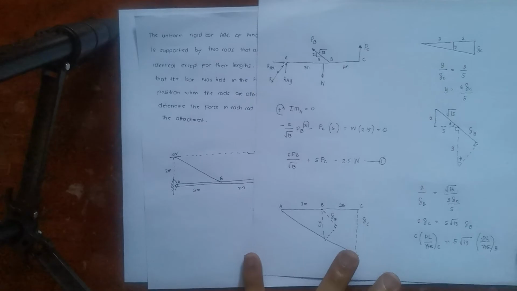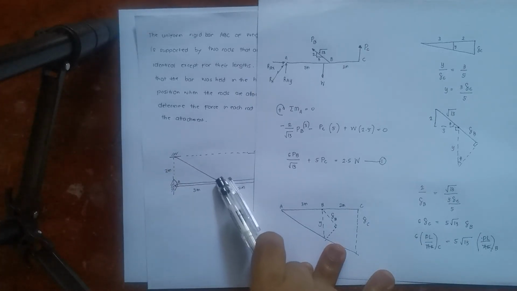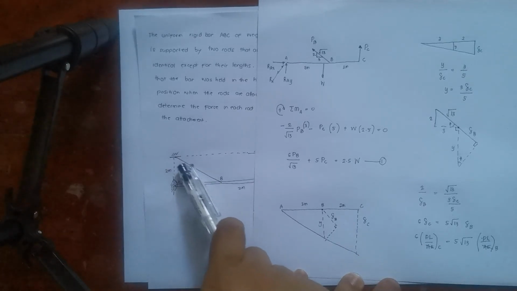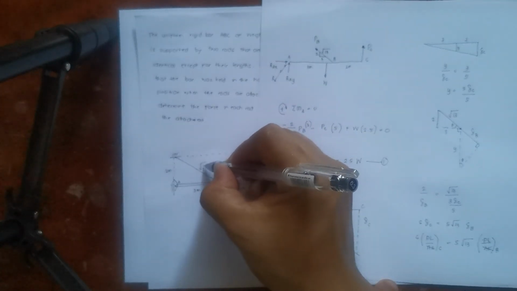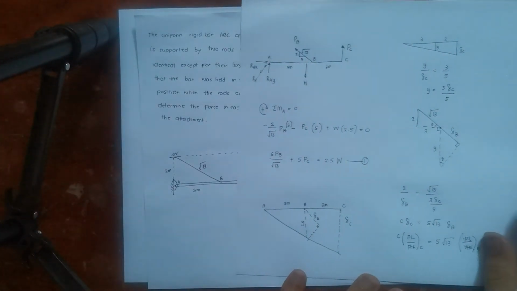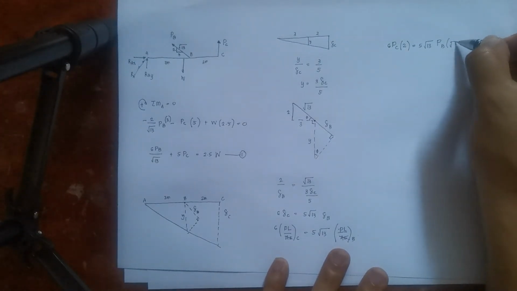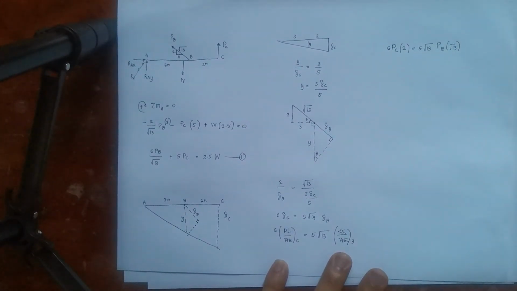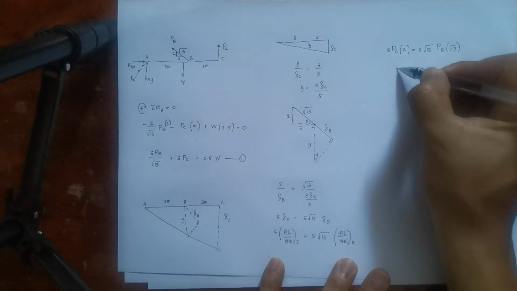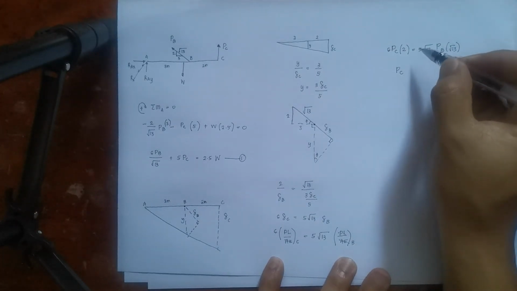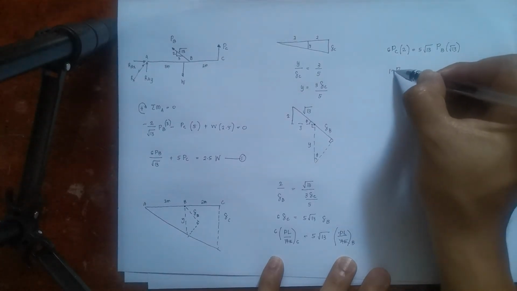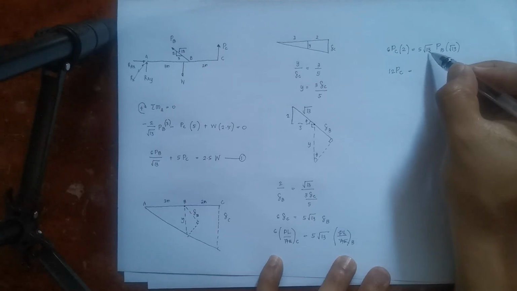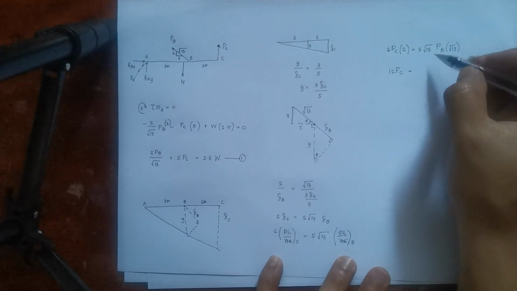Ano natin yung length sa bar B? Ito yung length ng bar B natin, or length of bar at point B. And that is the hypotenuse of this triangle, and that is square root of 13. Pythagorean theorem lang po yun. So, that is square root of 13. Therefore, simplifying further, we can see that PC is equivalent to, so 12 to, ito, 5 times square root of 13 times square root of 13 is 5 times 13 na yun.